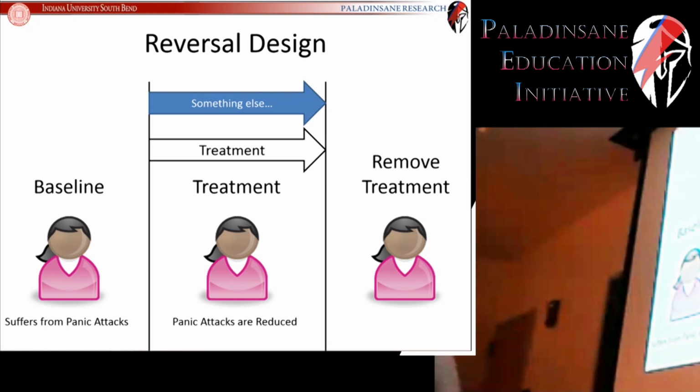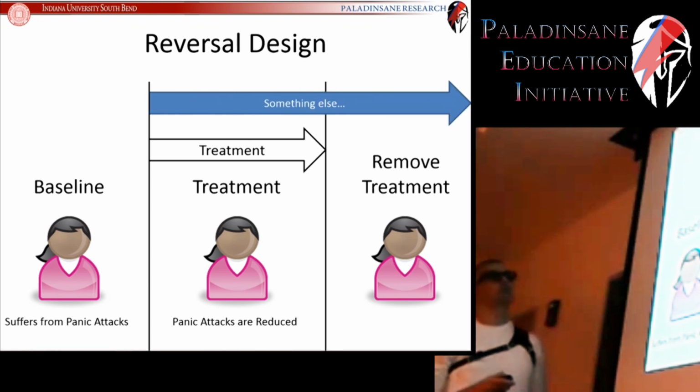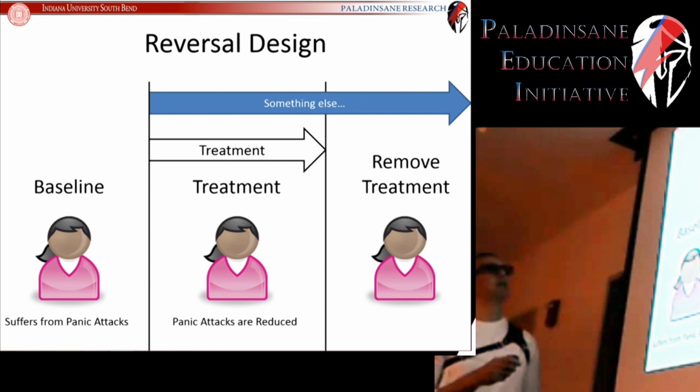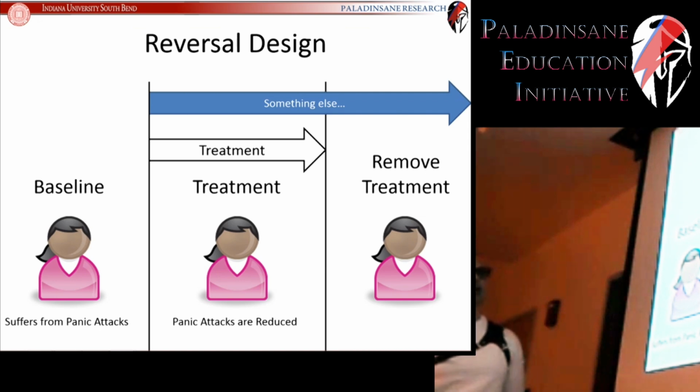And the assumption is that we stop the treatment, but that something else continues to occur, right? The dream job that they got continues to occur. The bully that moved away continues to be moved away, right? That something else that occurred continues to occur. And then we look at what happens when we remove the treatment.